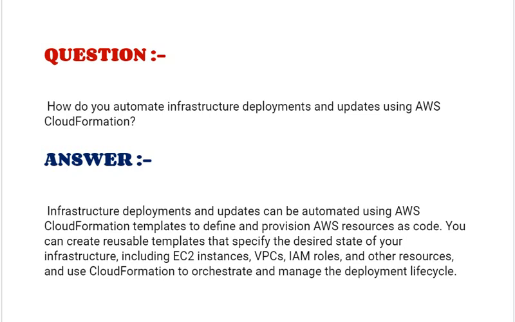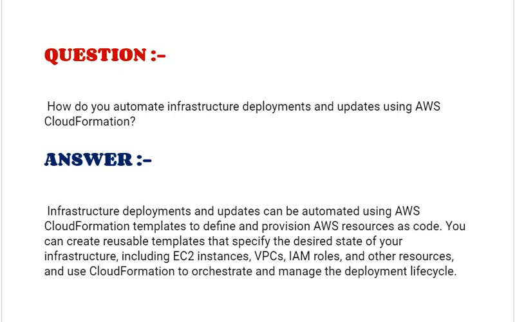Our next interview question is: how do you automate infrastructure deployments and updates using AWS CloudFormation? Your answer should be: infrastructure deployments and updates can be automated using AWS CloudFormation templates to define and provision AWS resources as code.